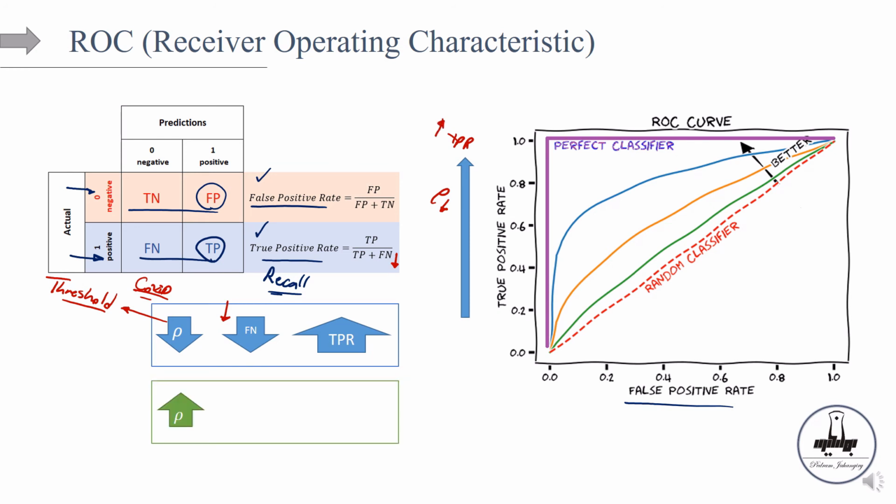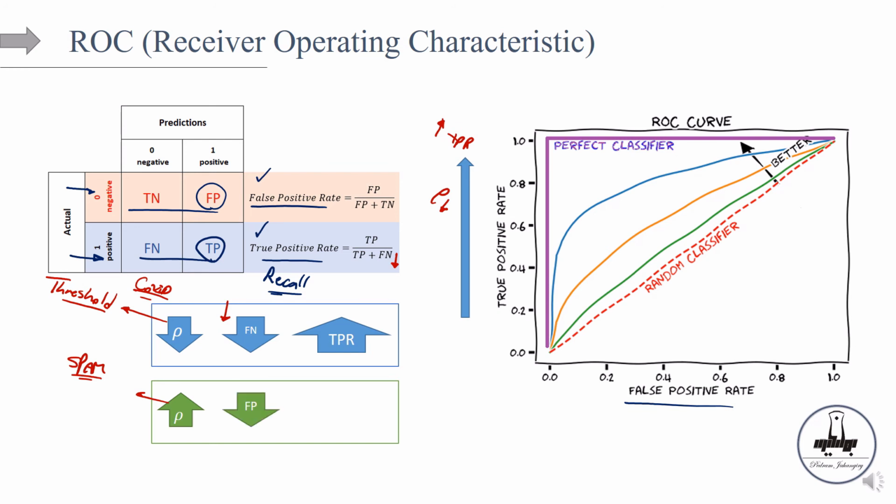On the other hand, what if you want to increase the threshold? What's the example? Spam detection, right? You want to be more conservative. You want to make sure that you're avoiding too many false positives. For example, an email from your friend should not go to your spam or junk box just because your threshold was low. So you say, okay, if you're 80 or 90% sure that the email is spam, let's label it as spam.